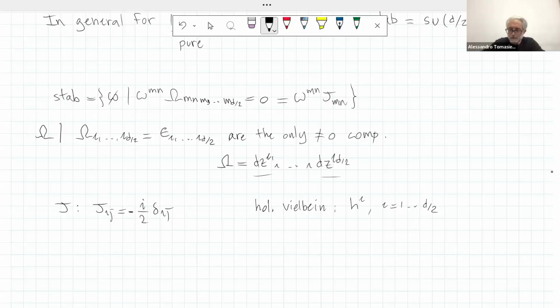And now these give exactly the metric, the flat metric, but in holomorphic coordinates.